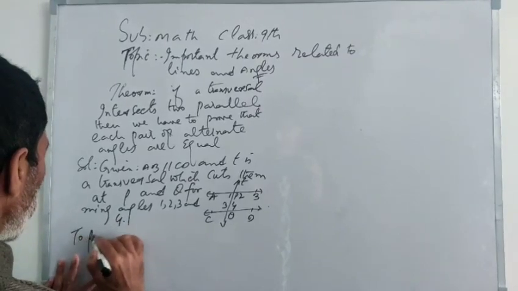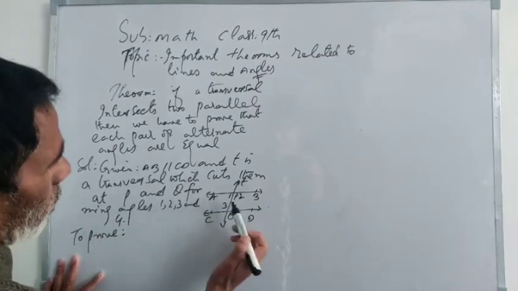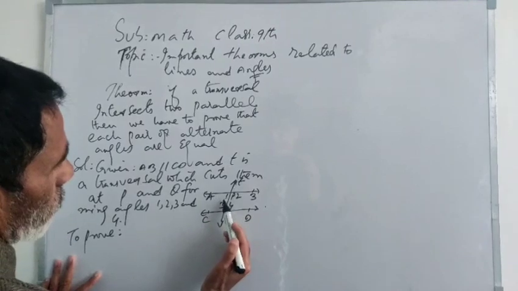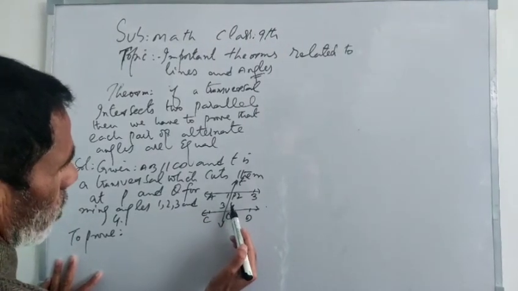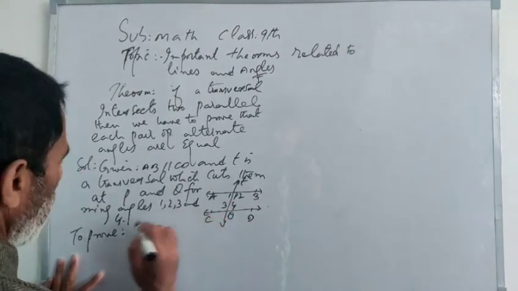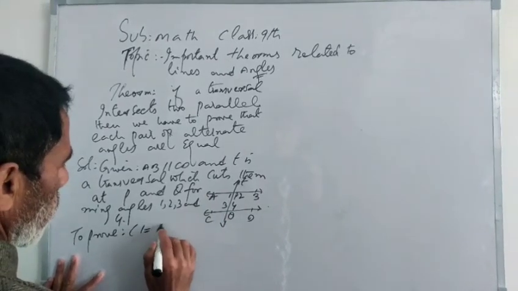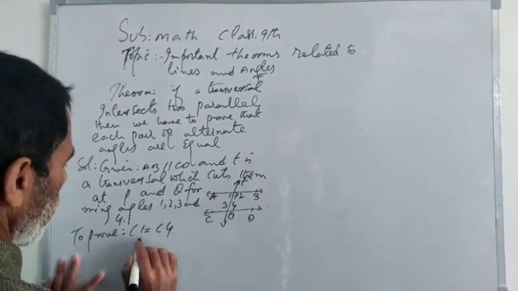We have to prove that alternate interior angles, which are angle 1 and angle 4, angle 2 and angle 3, are equal.